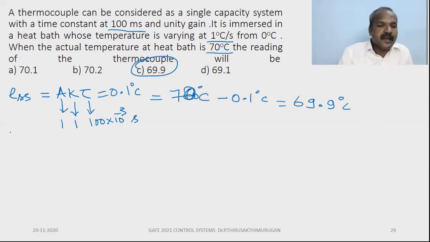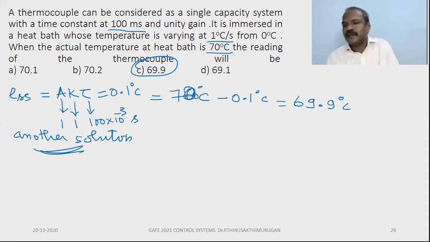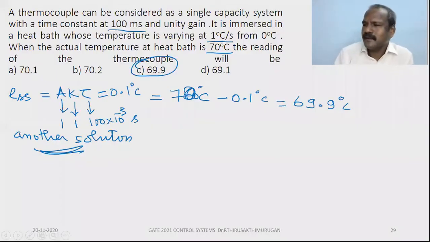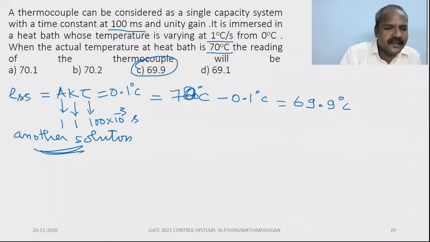So the same problem can be done with the help of derivation, right? Another solution, another method.